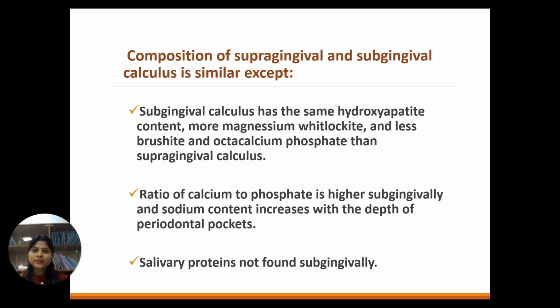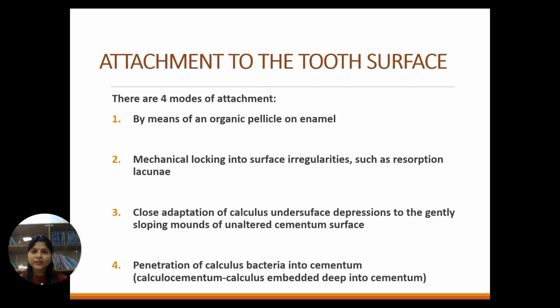Subgingival calculus has the same hydroxyapatite content as supragingival calculus, but magnesium whitlockite is more in subgingival calculus. Supragingival calculus contains more brushite and octacalcium phosphate. The ratio of calcium to phosphate is higher subgingivally, and sodium content increases with the depth of the periodontal pockets. Salivary proteins are not found subgingivally.